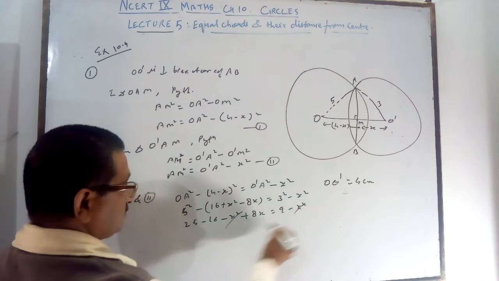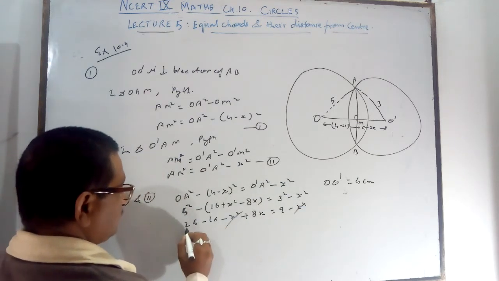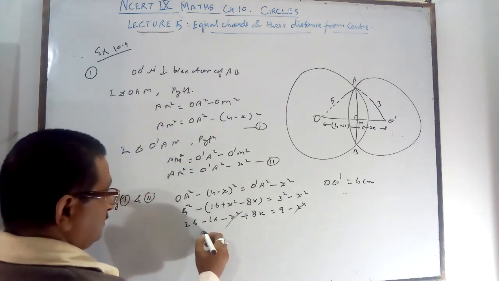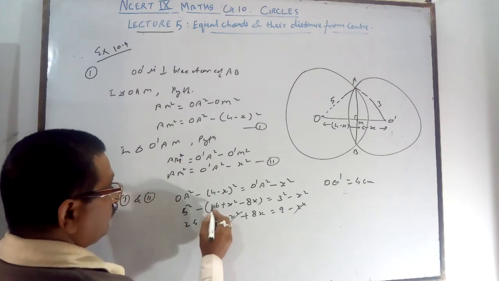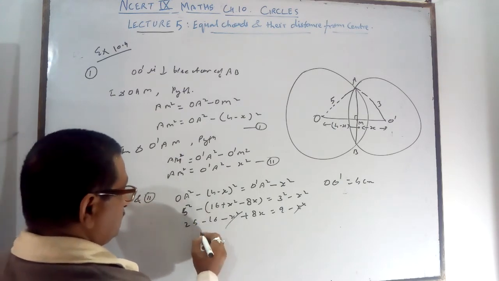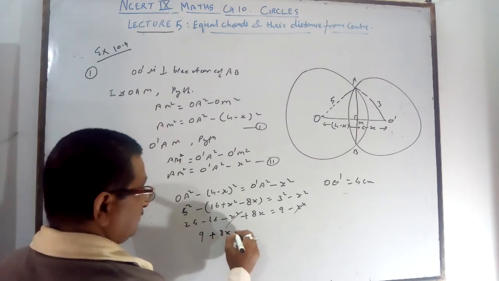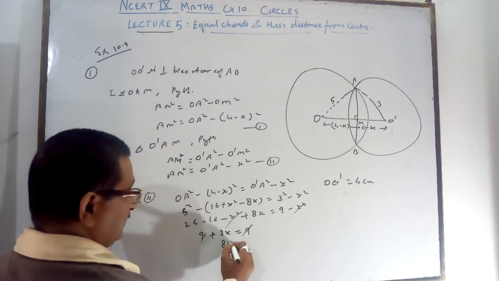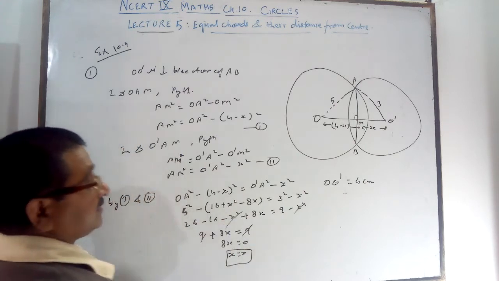Both minus X square cancel. You get 9 plus 8X is equal to 9. So 9 and 9 cancel, 8X is equal to 0, then X is equal to 0.